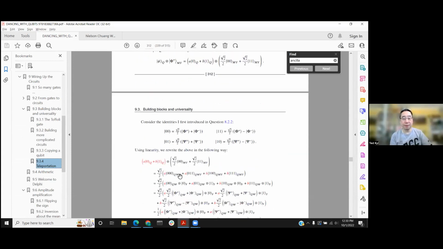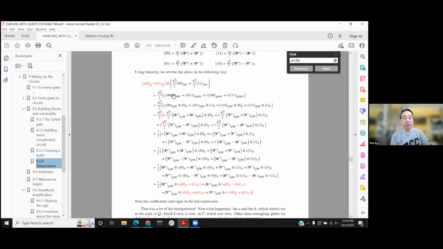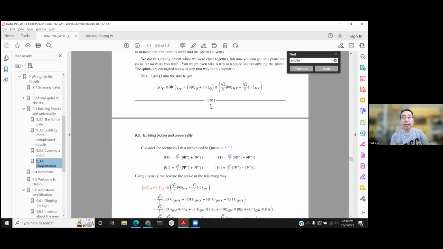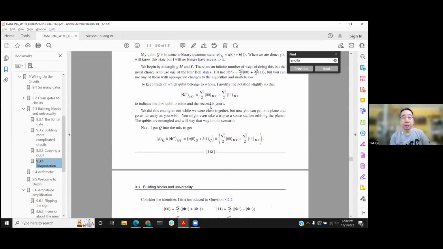So in the book, they have this wonderful long list of equations. But what they tell you we started with was, again, I can't remember if they use A and B or alpha, beta, whatever. They use A and B.